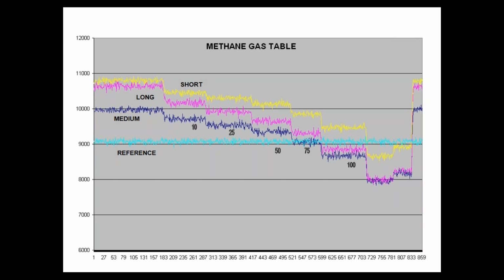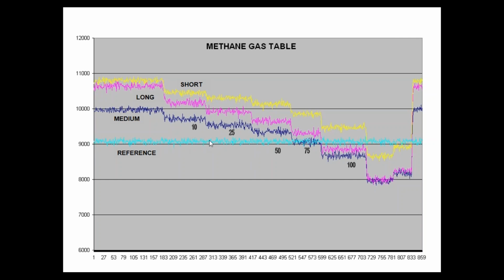You can see there's a short wavelength, a medium wavelength, and a long wavelength. And when you hit it with 10% LEL, 25%, 50, 75, 100, 200, and 500, we can actually give you a graph of the response of those 3 detectors.